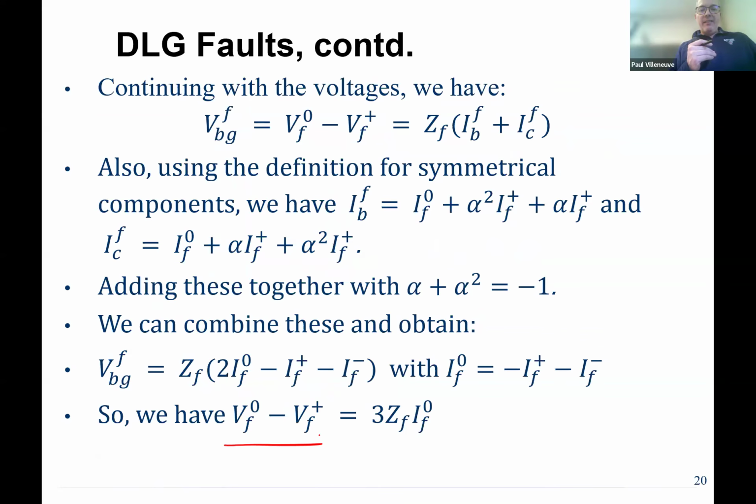And let's see. We have this one over here. So what we have over here is VF0 plus VF positive, right? So if we have a fault impedance over here, if ZF is not equal to 0, then we have this term.